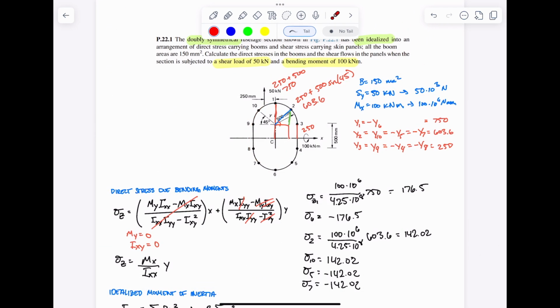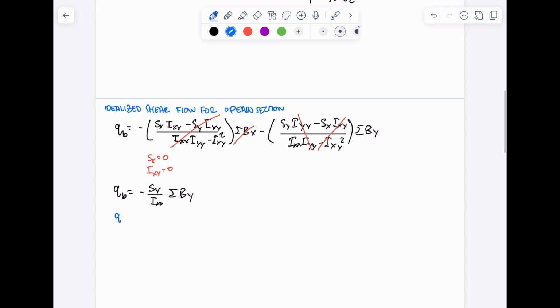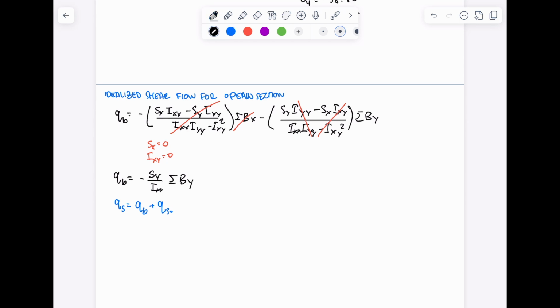This is a closed geometry, so we know the formula for a shear flow for a closed section is just QS equals QB plus QS naught. We know QB is this one, so we can just plug it in. QS is equal to SY over IXX times the sum of boom area times y distance plus QS naught. And that is the formula we're using.